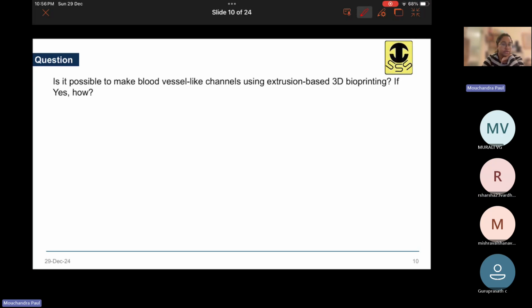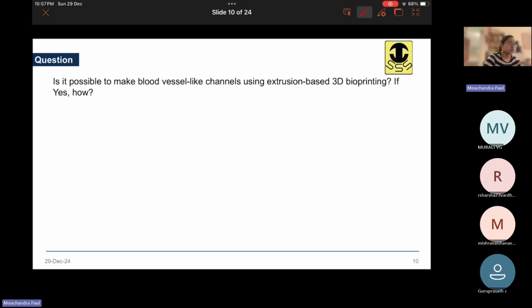So this is the question in front of you. The question asks: is it possible to make blood vessel-like channels using extrusion-based 3D bioprinting? If yes, how? Ma'am, by using coaxial bioprinting, maybe we can make this type of structure.